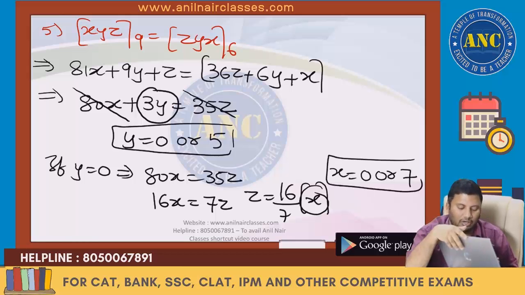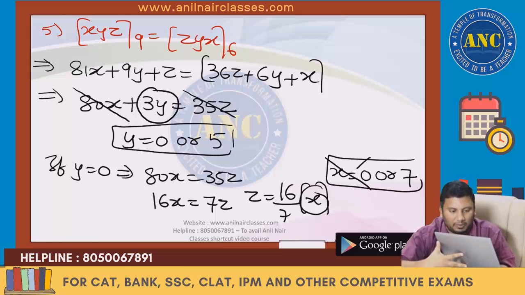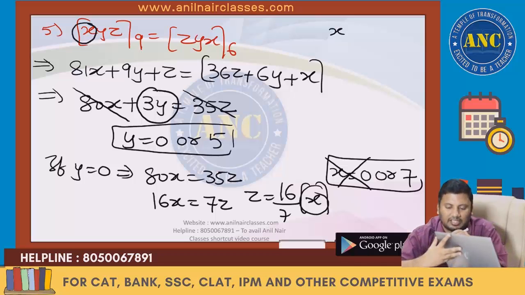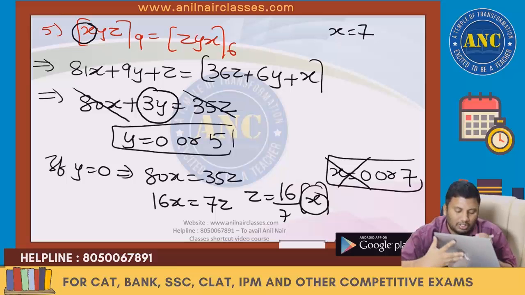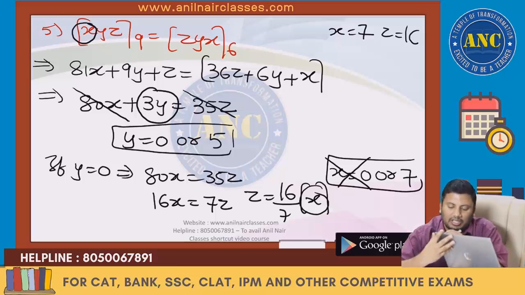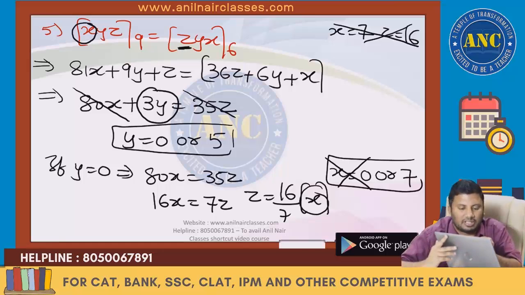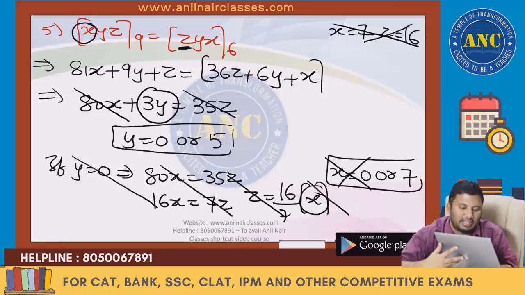X cannot be 0 because x is in the leftmost place. If x is 7, z will become 16. Z cannot be 16 because in base system 6 the digits are from 0 to 5. So this case is cancelled.